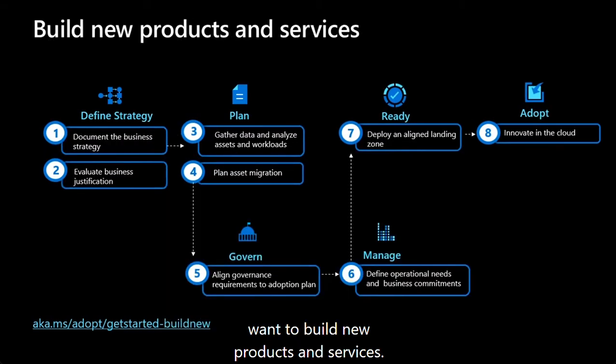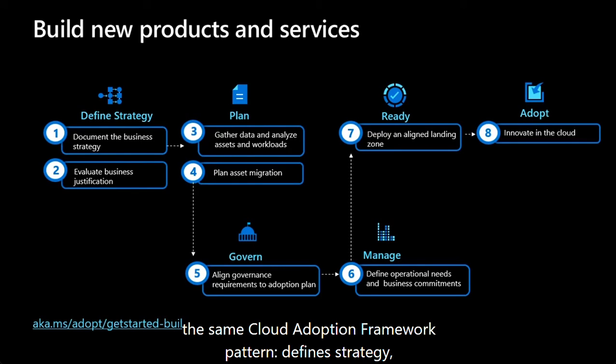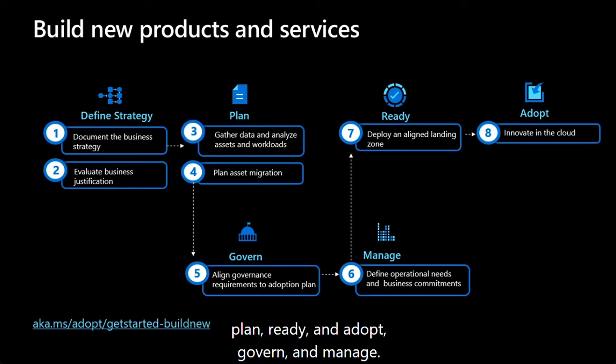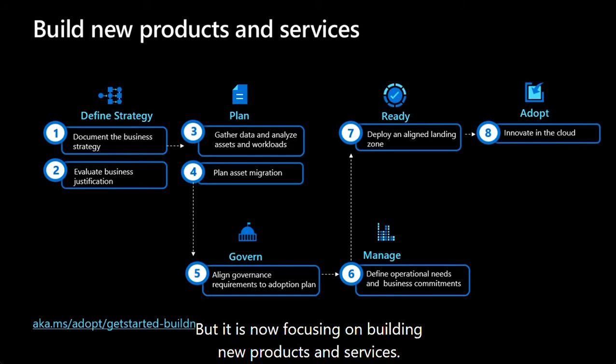If you want to build new products and services, so entirely build new architectures, build new applications on Azure instead of migrating anything that's currently existing, you notice we have the same cloud adoption framework pattern: define strategy, plan, ready, and adopt, govern, and manage. But it is now focusing on building new products and services.